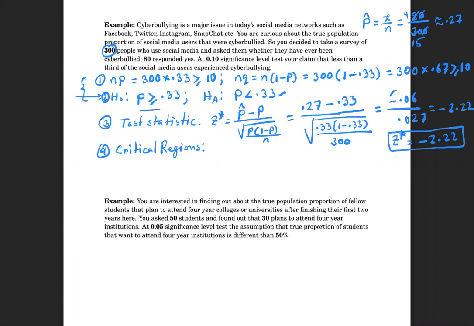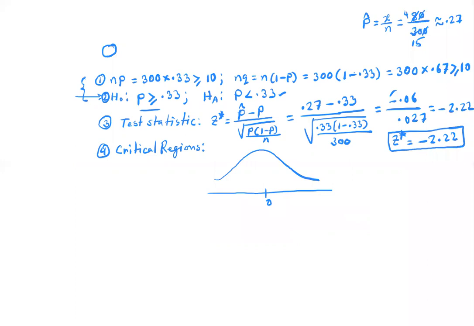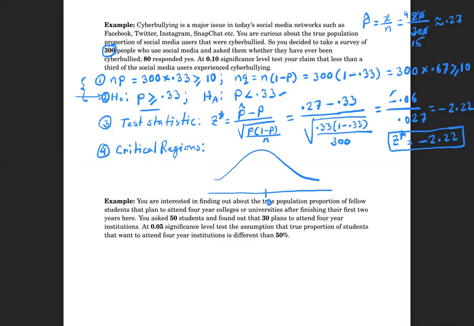All right, so let's go ahead and continue with the steps here. Critical regions. Now, this is where you use the alpha significance level. The middle is 0. And your alpha was 10%, okay?